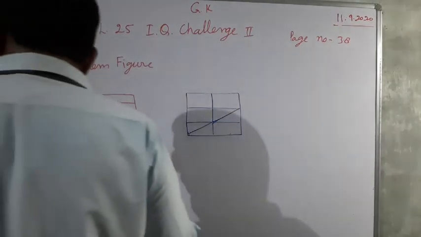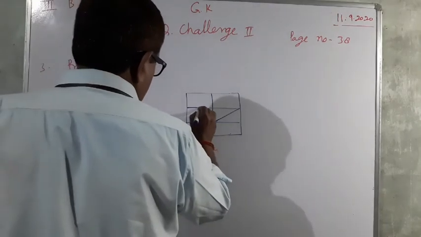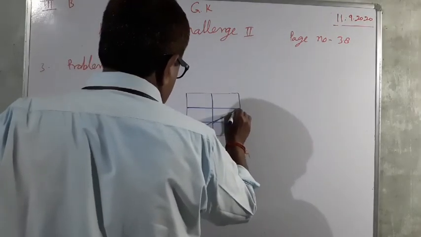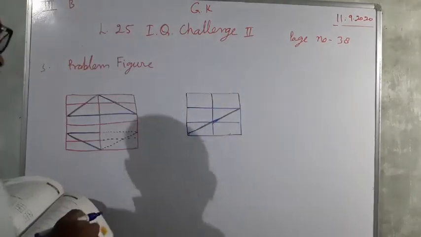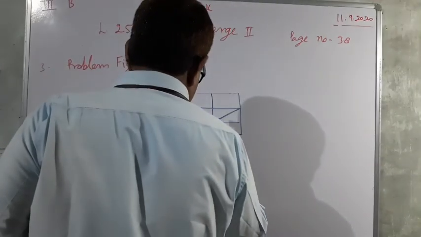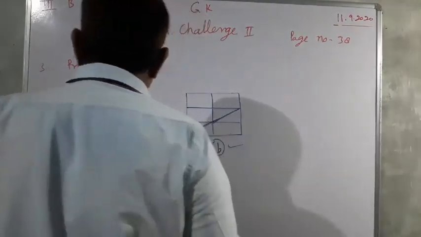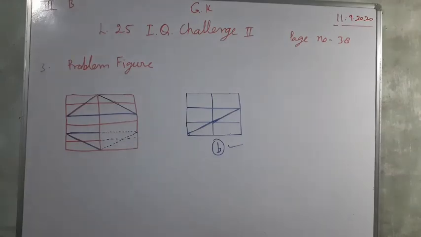You can find here, this figure may fit here in this region. So B is the correct answer. You have to make a tick in section B.